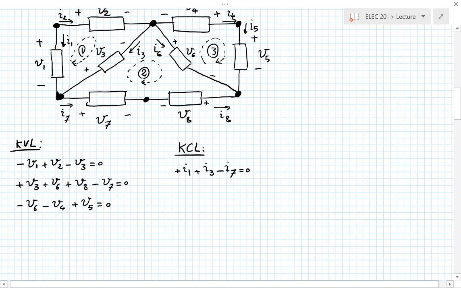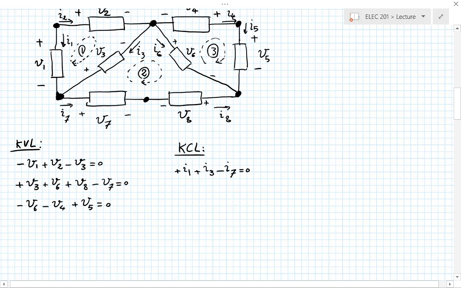The second node on the top left, I have I1 leaving it and I2 leaving it too. Now that at first might appear somewhat strange. How can I have 2 currents leaving it? But remember, I1 and I2 can both be either positive or negative numbers.